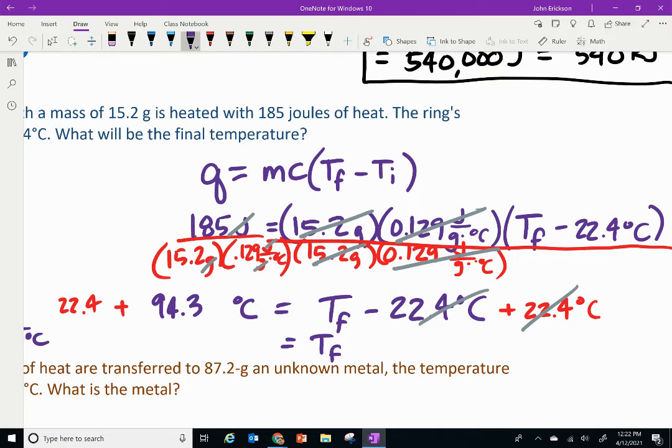It looks like I got 116.7 degrees Celsius. That is the final temperature.